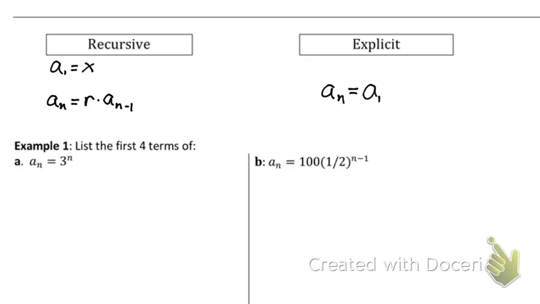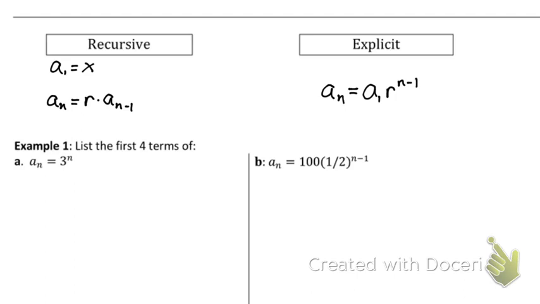So this will be a sub 1, and then we're going to multiply that by r to the n minus 1. So it's just like arithmetic that you have to know your first term and your common ratio. For arithmetic, you need to know your first term and your common difference. Once you have those two things, you know your recursive and you know your explicit.